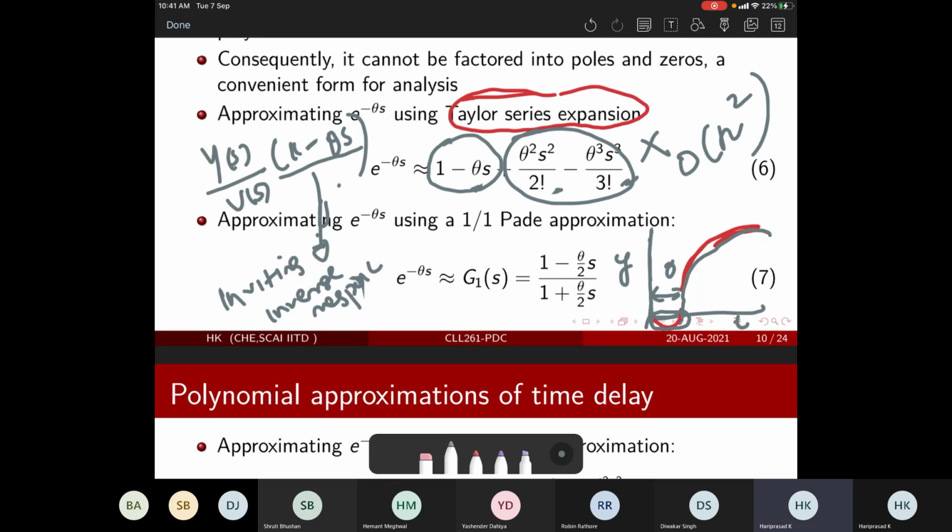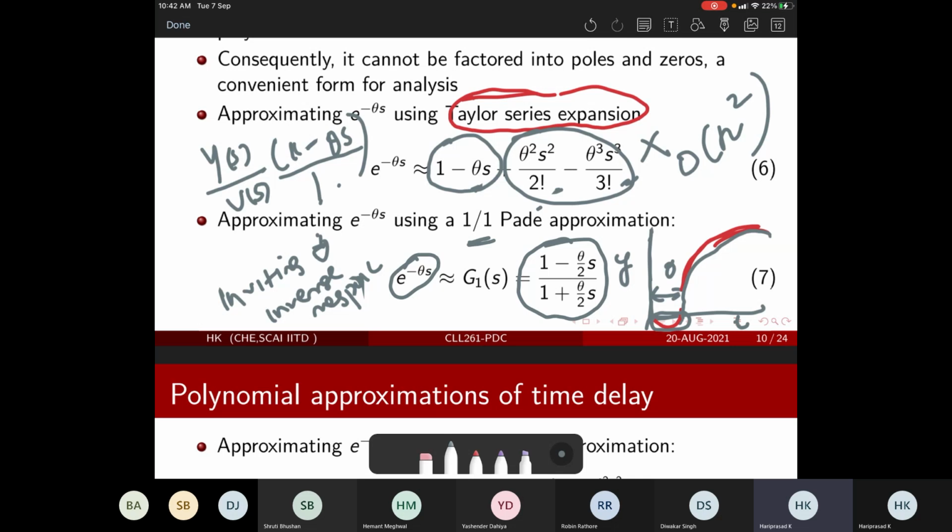So people have tried for better approximations. For instance, Pade has brought in a very interesting approximation. What this approximation says is that e raised to minus theta s could be approximated with this particular function. Can someone say why this, which is equation 7, may be better compared to equation 6?